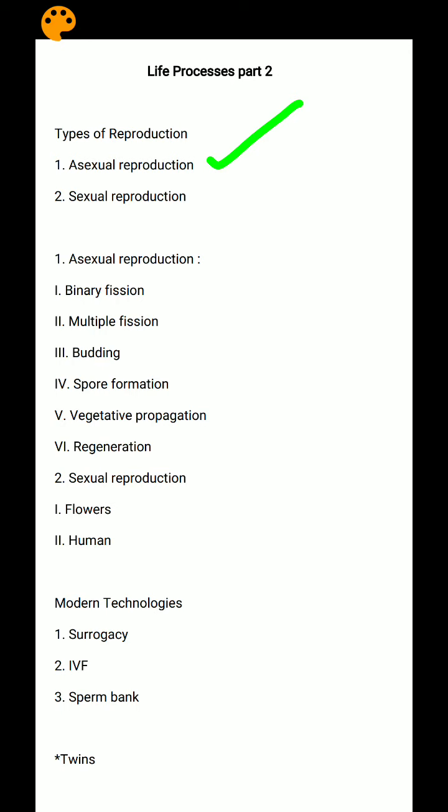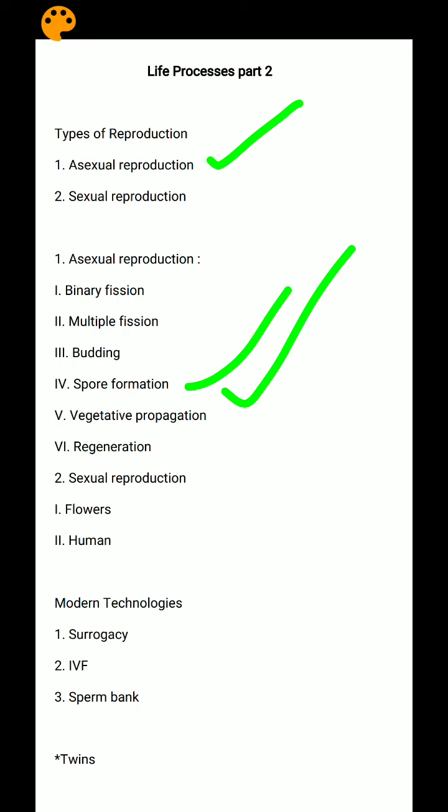Next one is budding. Budding occurs in unicellular organisms as well as multicellular organisms. In unicellular organisms, budding occurs in yeast, and in multicellular organisms budding occurs in hydra. Next type is spore formation.